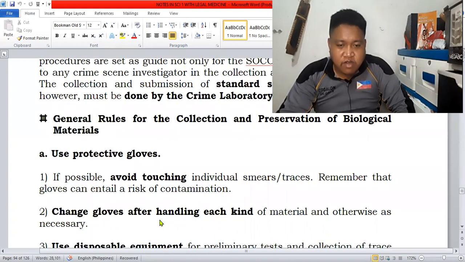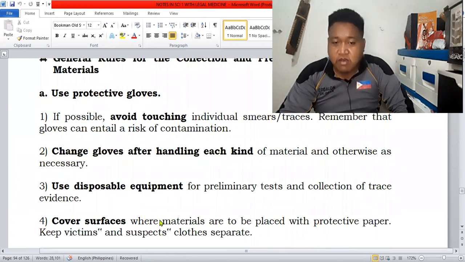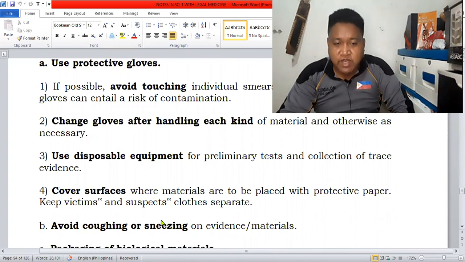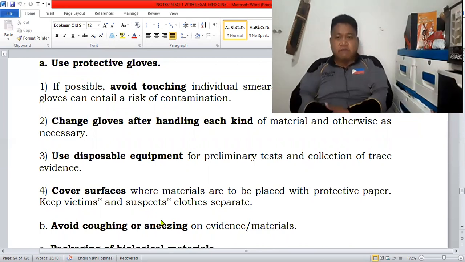Change gloves after handling each kind of material and otherwise as necessary. Use disposable equipment for preliminary tests and collection of trace evidence. Cover surfaces where materials are to be placed with protective paper. Keep victims' and suspects' clothes separately.